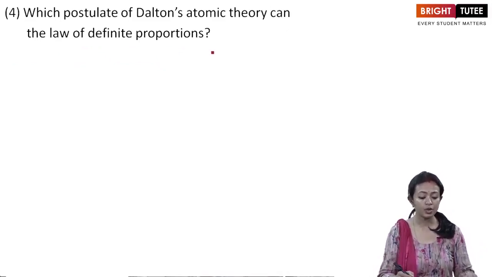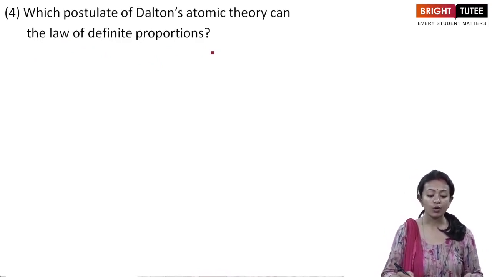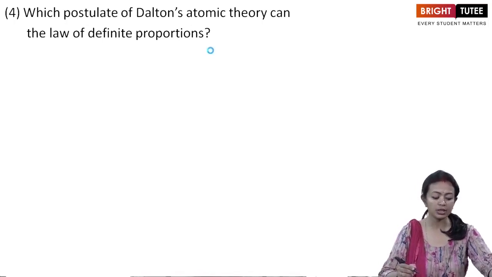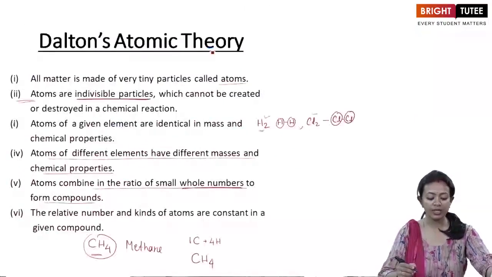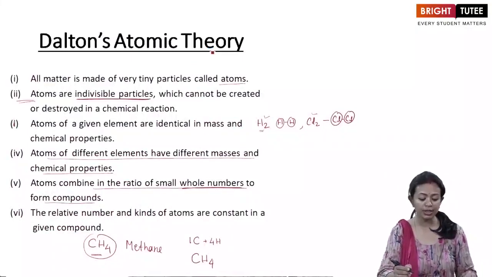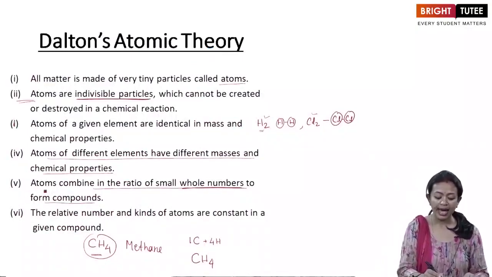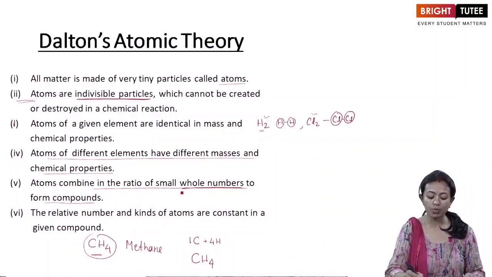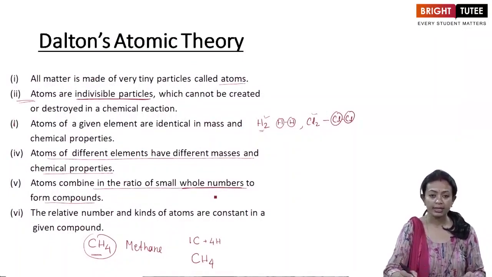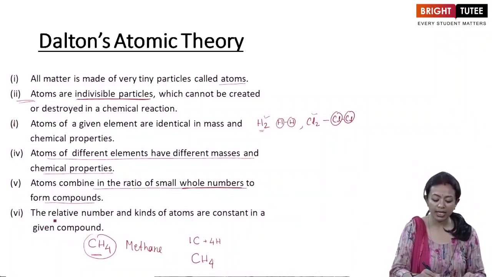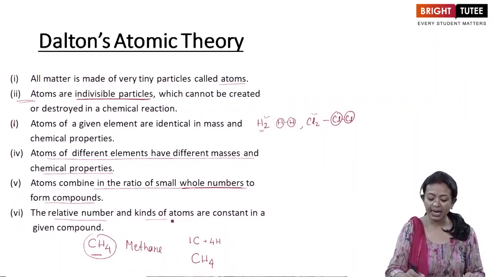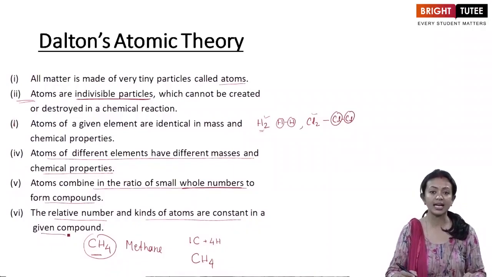Which postulate of Dalton's atomic theory can explain the law of definite proportion? Let's go back to the previous one. The sixth postulate says the relative number and kinds of atoms are constant in a given compound, that is, they are definite.